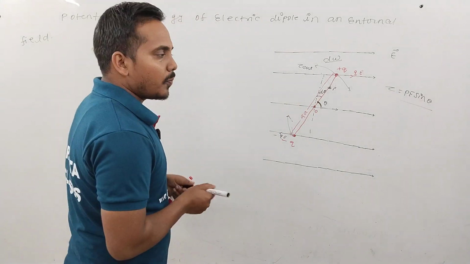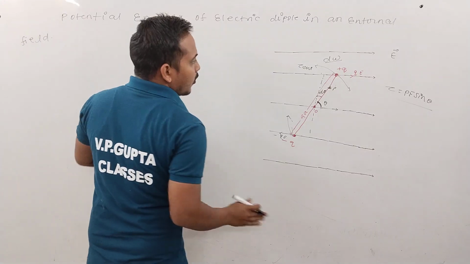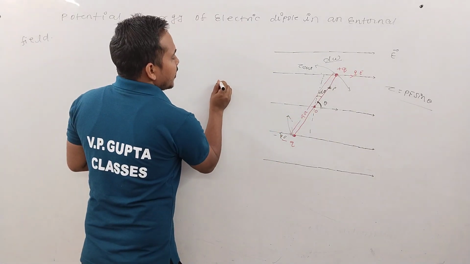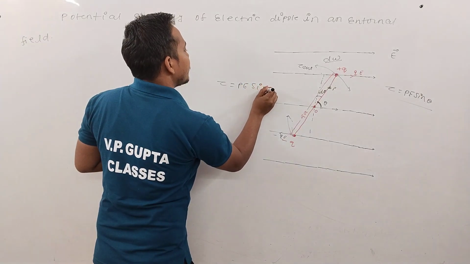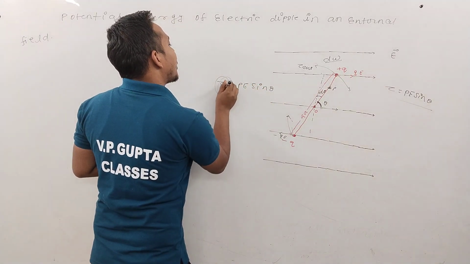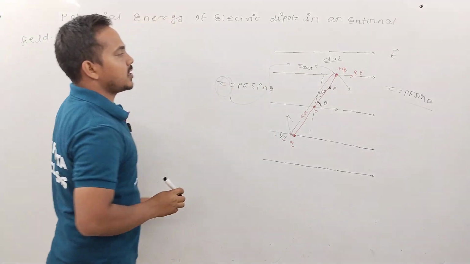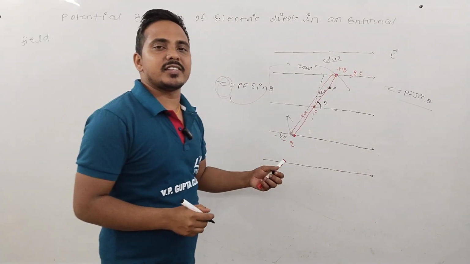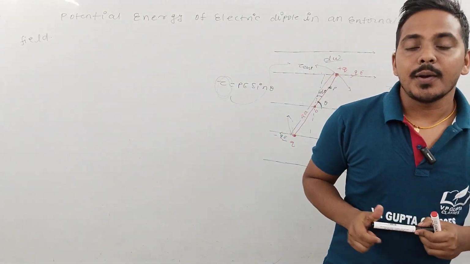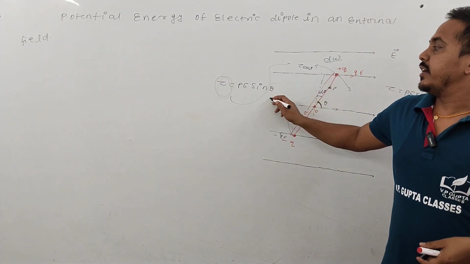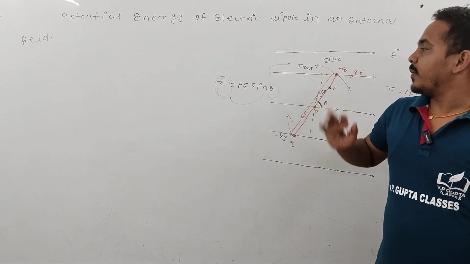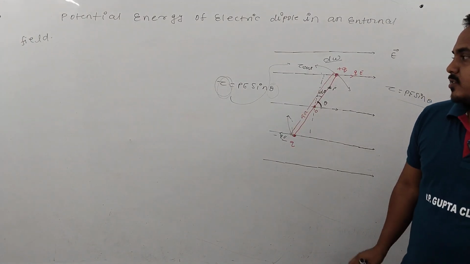As you observe, tau is equal to pE sin theta. That means tau ext is variable in this case. As theta varies, tau ext also varies.